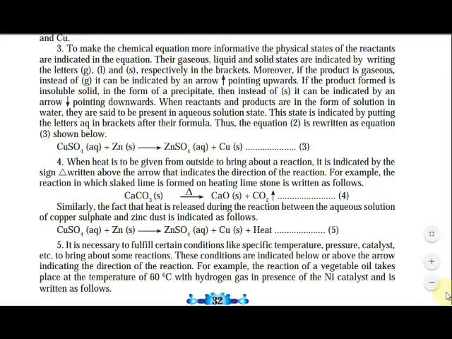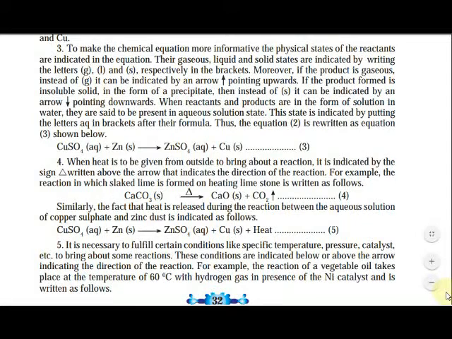When we supply heat, then on the arrow which is in between the LHS, the reactant side, and the RHS, the product side, a triangle has to be drawn on the arrow.